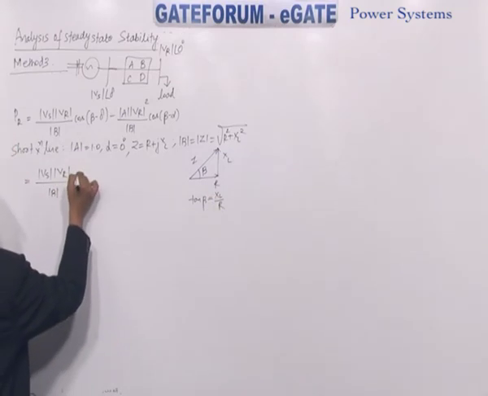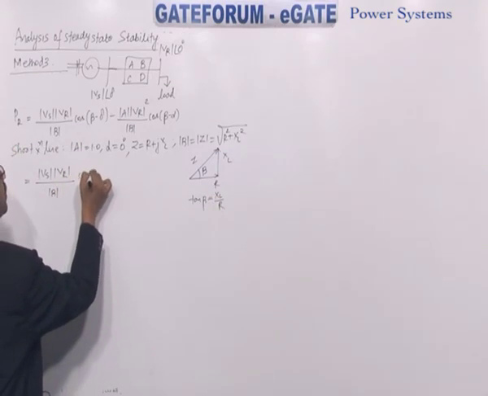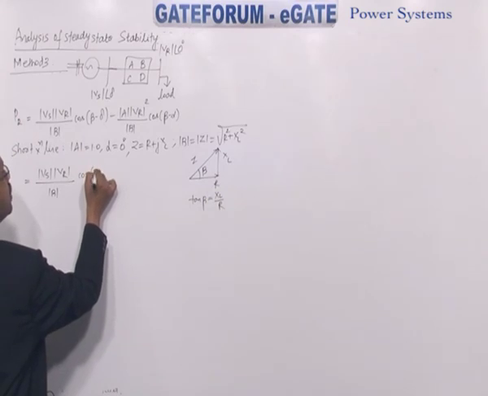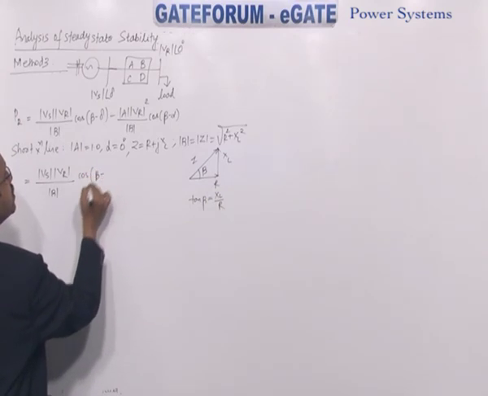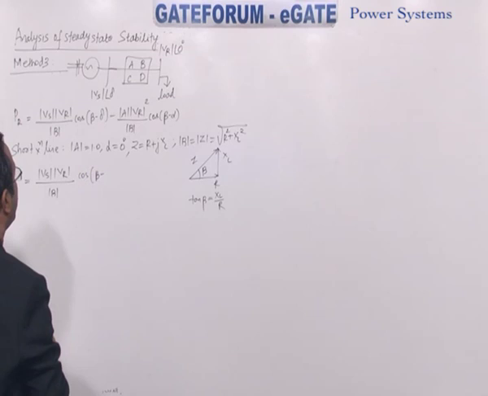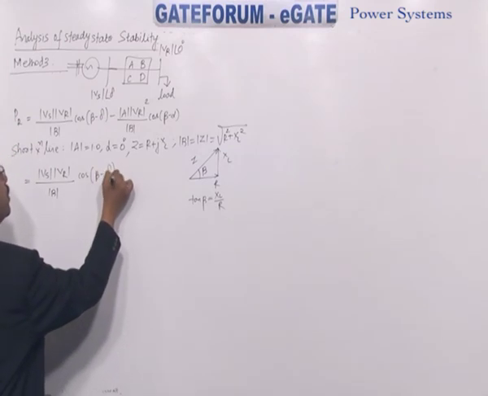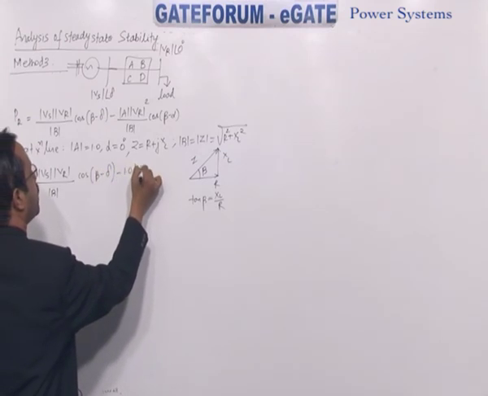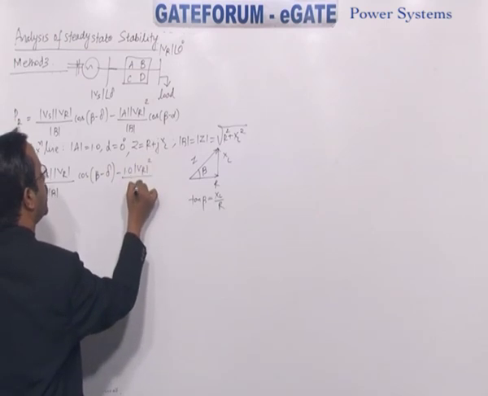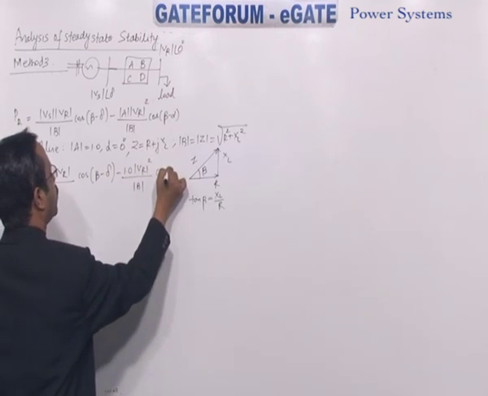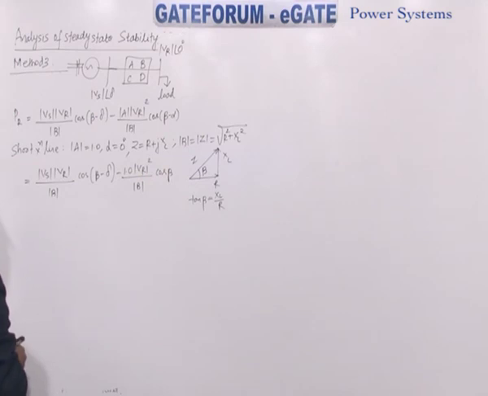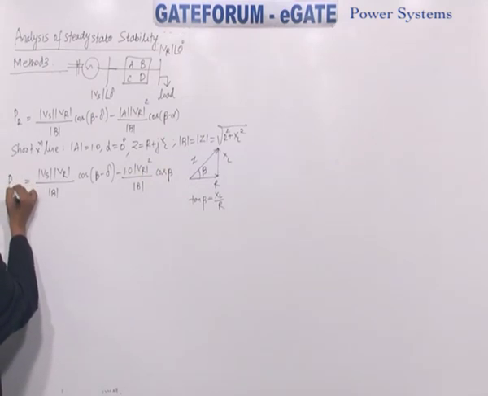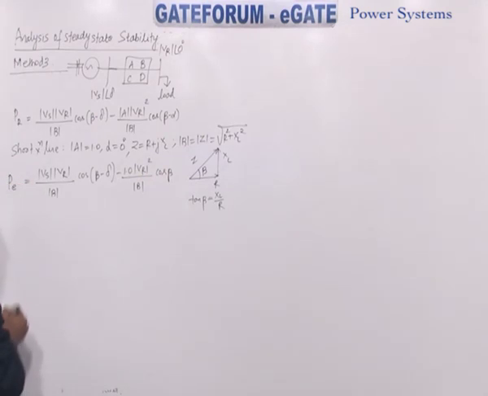So Vs Vr by B cos (beta minus delta), minus, since A is 1, Vr square by B, where you mention only cos beta. So this is the electrical power transmitted.